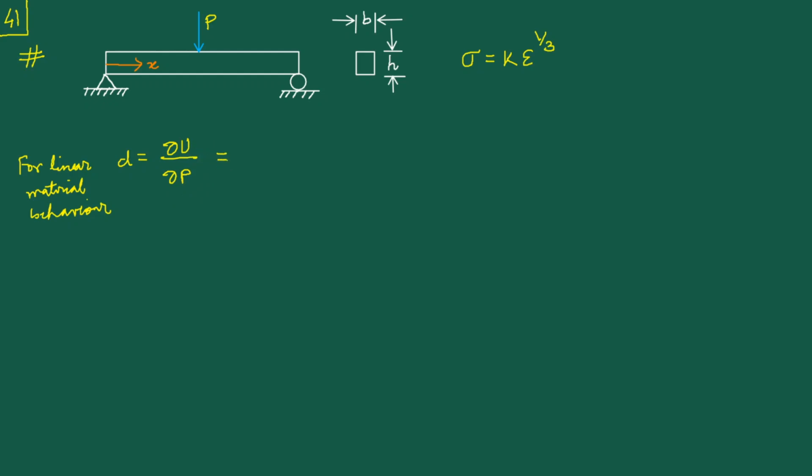We have already seen that this strain energy can be represented for the case of a beam in this form, M squared by 2EI dx, going over the entire span of the beam from 0 to L, and this can be further simplified.